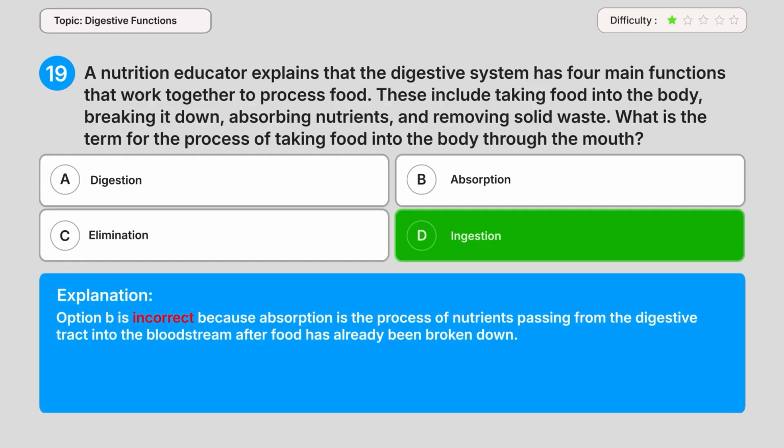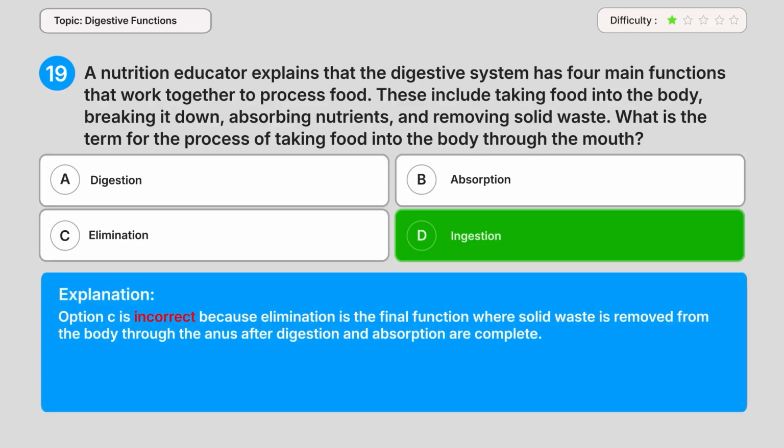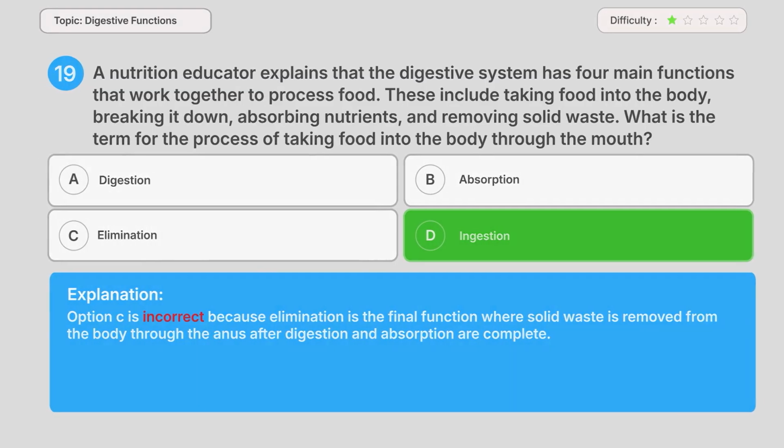Option B is incorrect because absorption is the process of nutrients passing from the digestive tract into the bloodstream after food has already been broken down. Option C is incorrect because elimination is the final function where solid waste is removed from the body through the anus after digestion and absorption are complete.